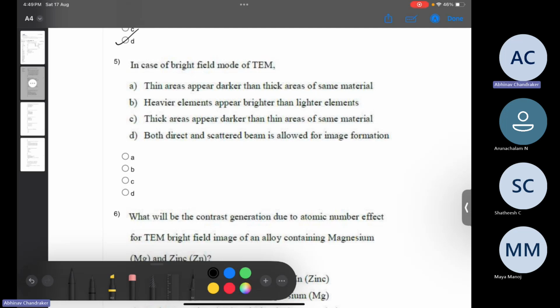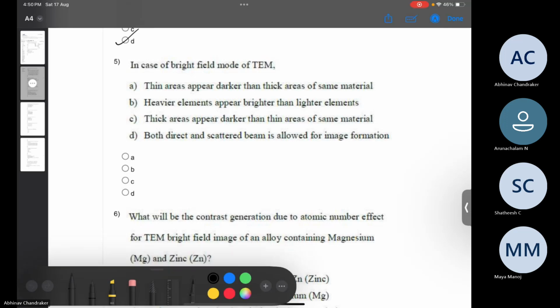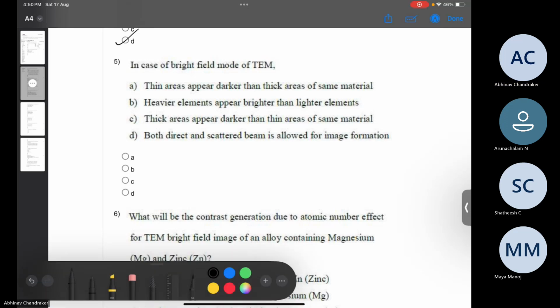What do you think should be the answer to this? I expect that you should be able to have some idea of what could be the answer for this question.